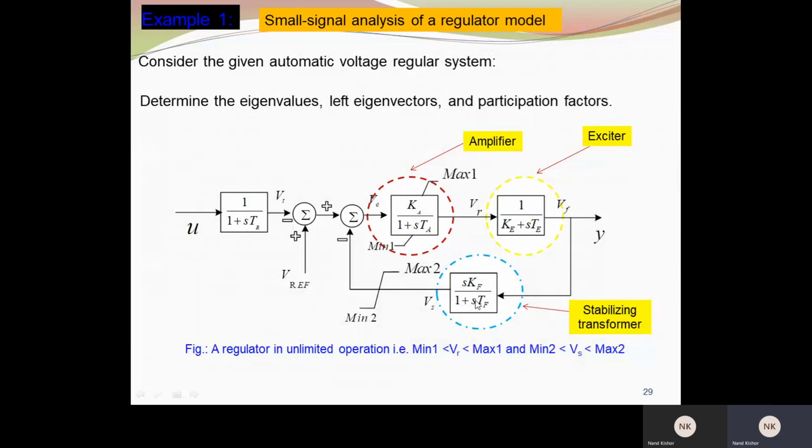This is how we have represented it here, given as a feedback on the input side. So with this block diagram representation for the automatic voltage regulator, we want to compute eigenvalues and the other modal analysis that we want to perform here.